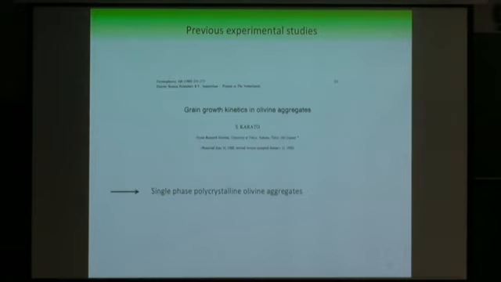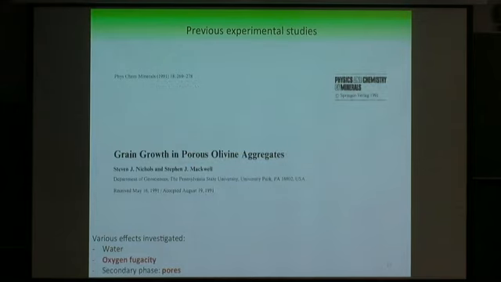And so, from my literature research, I started out with Karato's paper, which was published in '89, where he looked at single-phase polycrystalline olivine aggregates. But he also investigated different effects, like the water effect. And then this paper from Nichols and Mackwell in '91 investigated the oxygen fugacity effects, as well as secondary phases like pores.